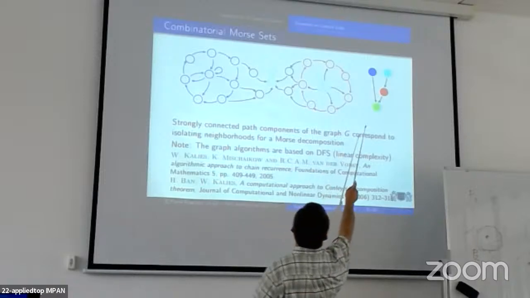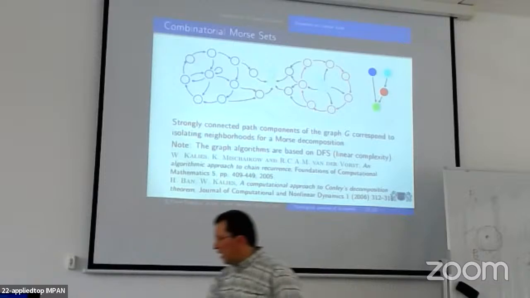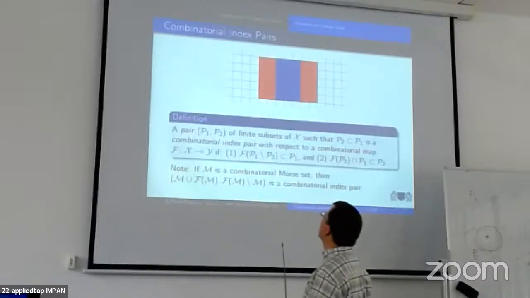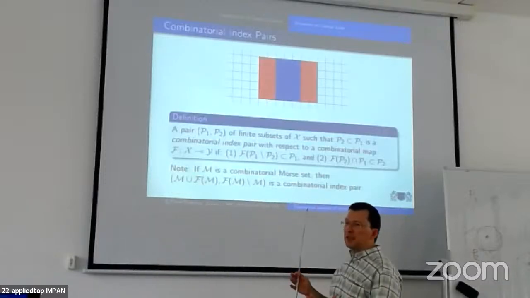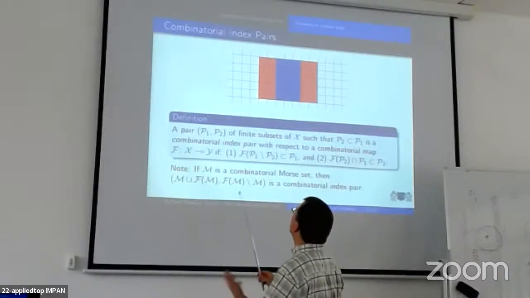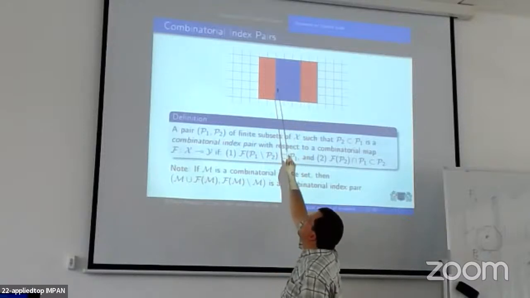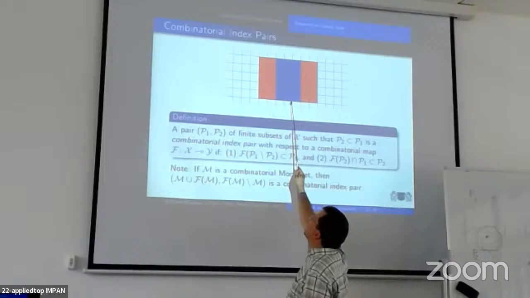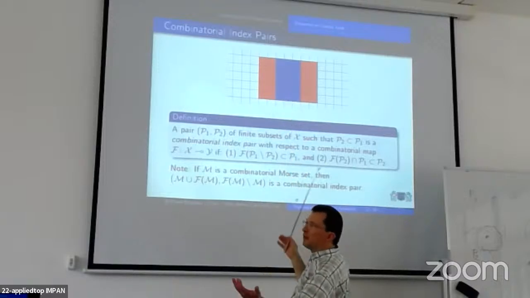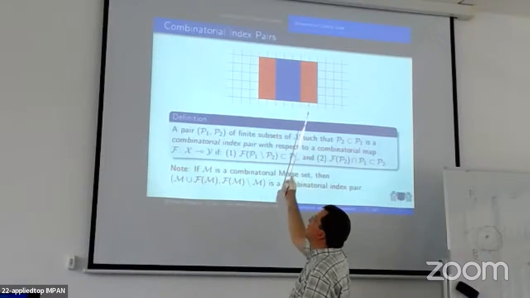So here is this rough representation of this Morse decomposition, and from these Morse sets, one can also get an index pair almost directly. We just take this computed isolating neighborhood, and then we add the forward image for the exit set, and in this way we get an index pair.